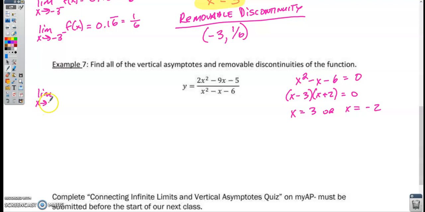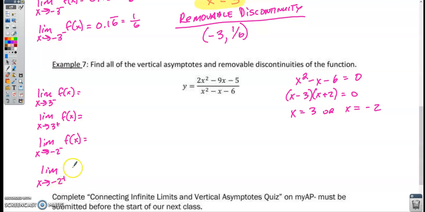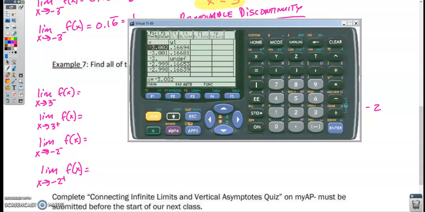I need to look at the limit as x goes to 3 from the left, the limit as x goes to 3 from the right, and the limit as x goes to -2 from the left, the limit as x goes to -2 from the right. And so I set this up in my calculator.